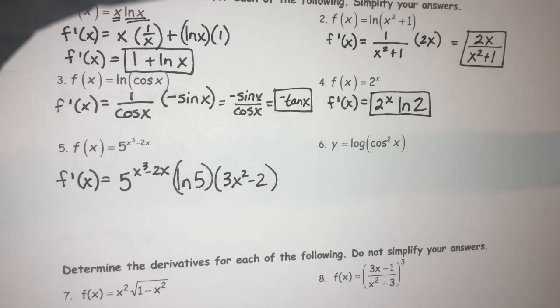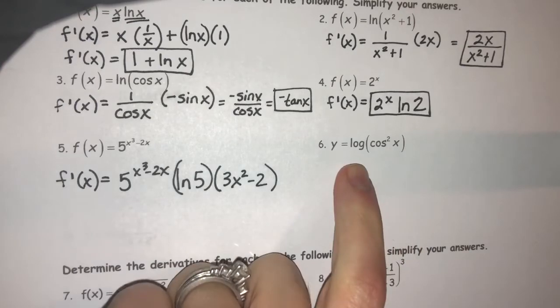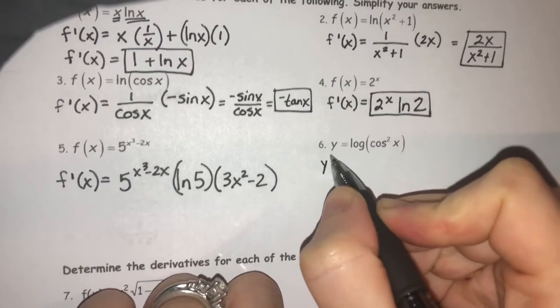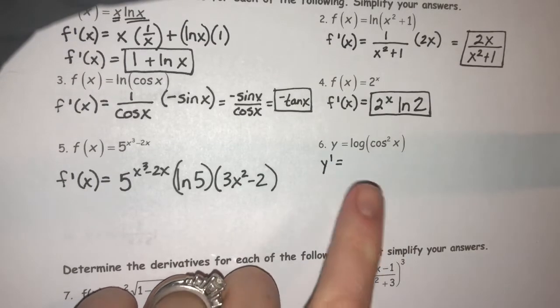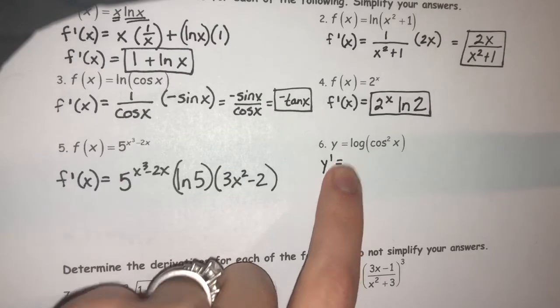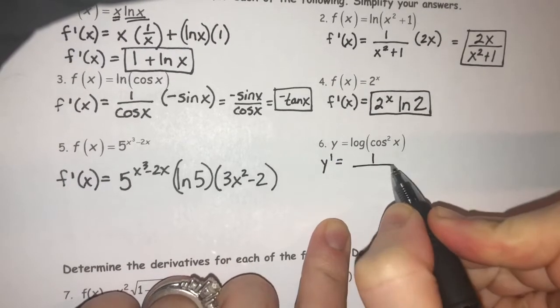Okay, number 6 is a lot like number 3, except it's kind of like a double chain rule problem. We have y equals the log of the cosine squared of x. So let's break this down. y prime is equal to the derivative of the outside function, the log of x, which is 1 over x, normally.